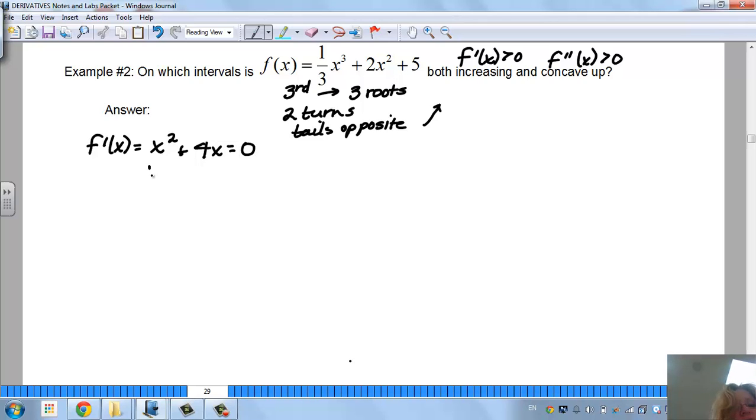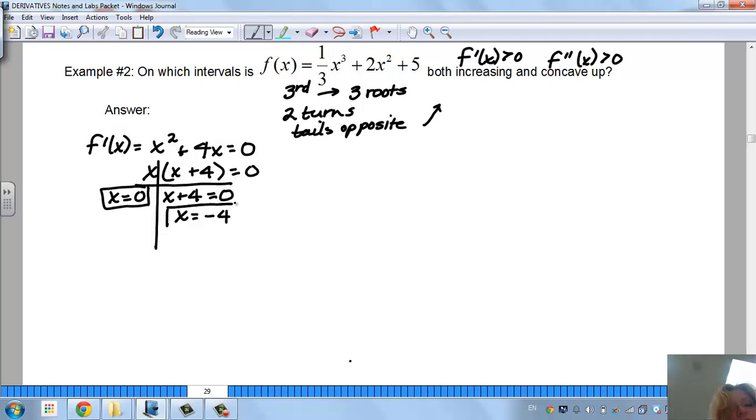And then we're going to factor this so that we can find where the slopes are 0 on our graph, or turning points, I should say, or maxes and mins. So I have x equals 0 here, and x plus 4 equals 0. Please don't skip this step, so x equals negative 4. So these are our 2 x's where there's going to be turning points on our graph, or maxes and mins.